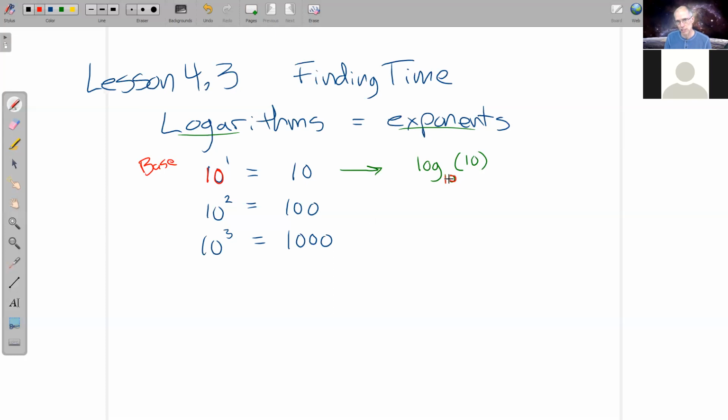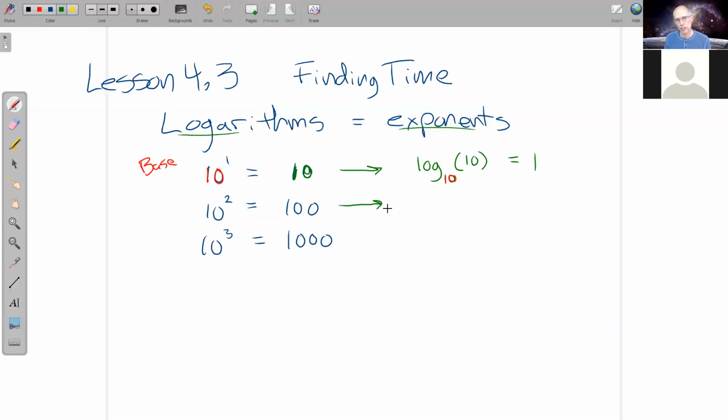So that's the base 10. And then this green 10 over here is the answer to 10 to the first power. And then that 1 right there just ends up on the other side. I'll explain that a little more carefully for the next one.